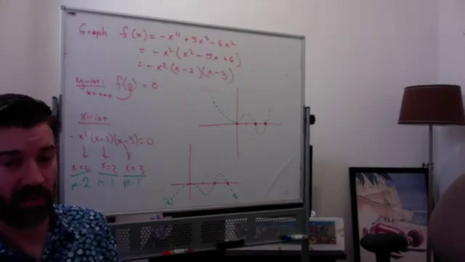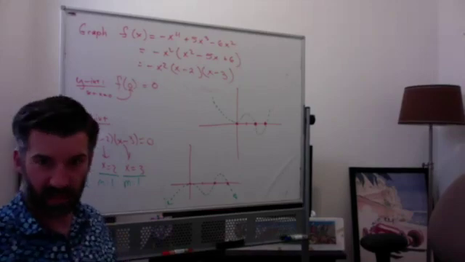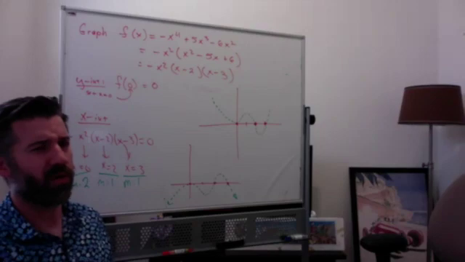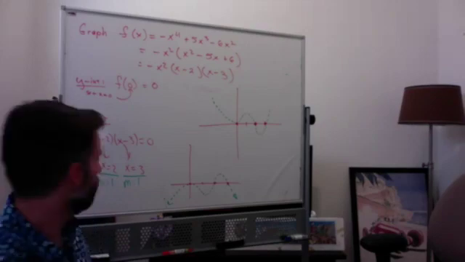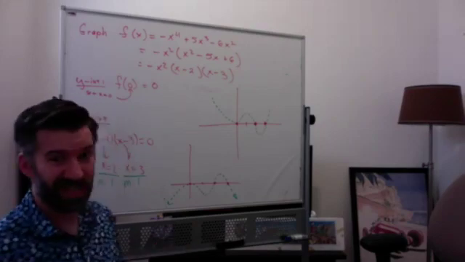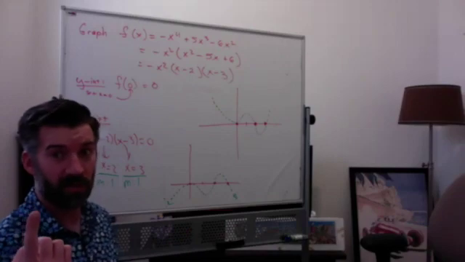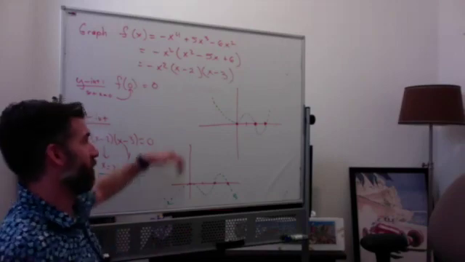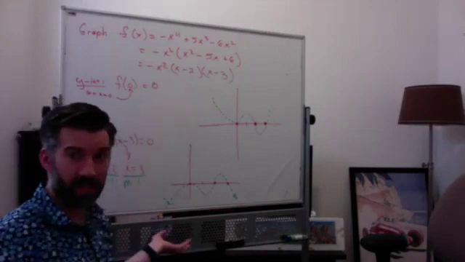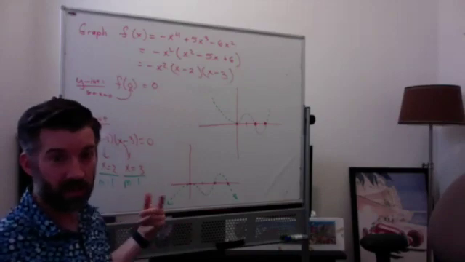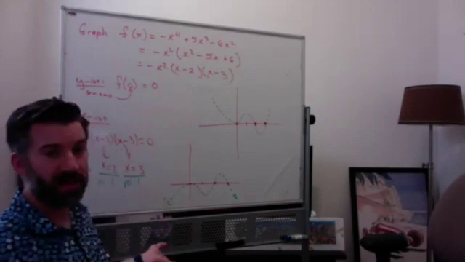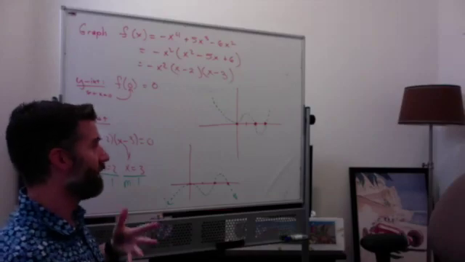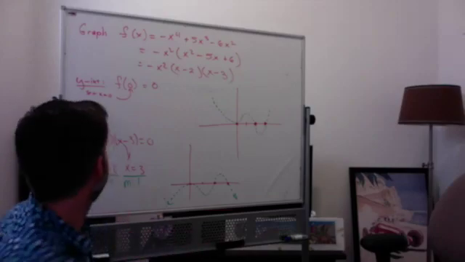Well, I can either do the whole finding of a sign chart. That's really more work than I want to do. Big surprise. All you actually need is one more point. So if you can find one point that's either above or below the x-axis, then you'll know which of these you have. So pick any value of x that isn't one of your intercepts. I'm going to pick 1.